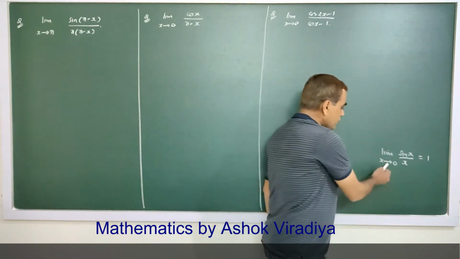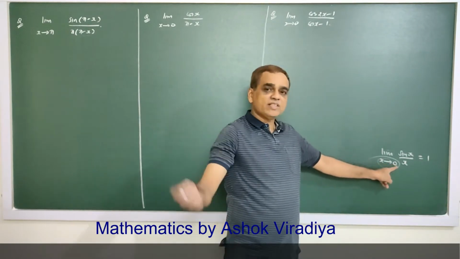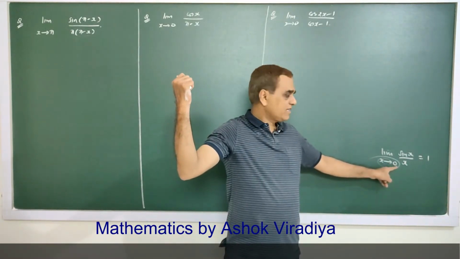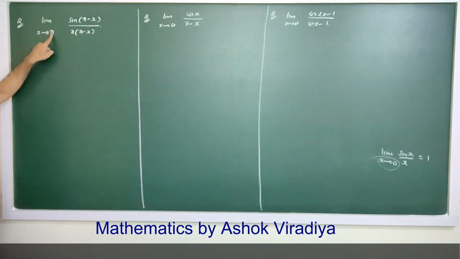So first of all you check here, is it 0 in this question? That we have to check. So here 0 is not given. Pi is given. So x tends to pi.